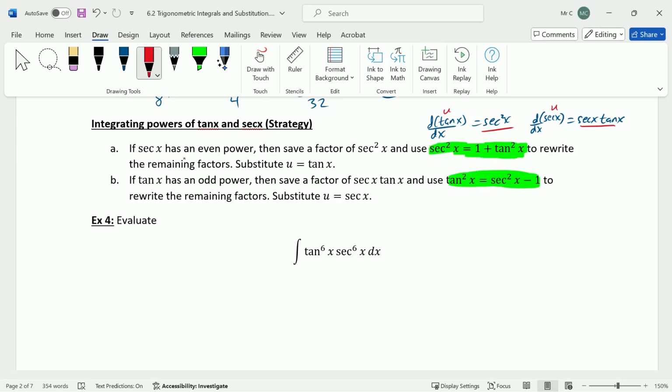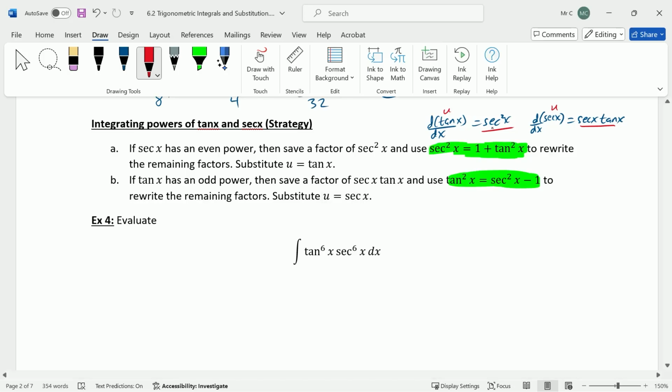If secant of x has an even power, then save a factor of secant squared of x and replace the other even powers of secant squared of x with 1 plus tangent squared, then substitute u equals tangent of x. If tangent of x has an odd power, then we save a factor of secant of x tangent of x and use tangent squared to rewrite all the remaining tangent factors with secant squared of x minus 1, and then substitute u equals secant of x.